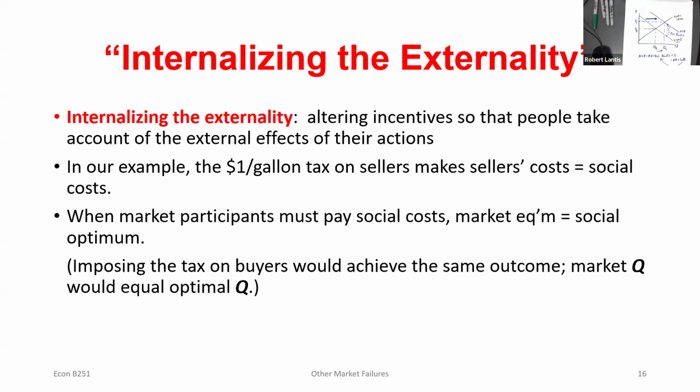So we add a cost to them, which is a tax. Then they start making decisions with this additional cost in mind, basically using society's marginal cost to make their decisions. Then the decision they're making should lead to the socially efficient decision for society.